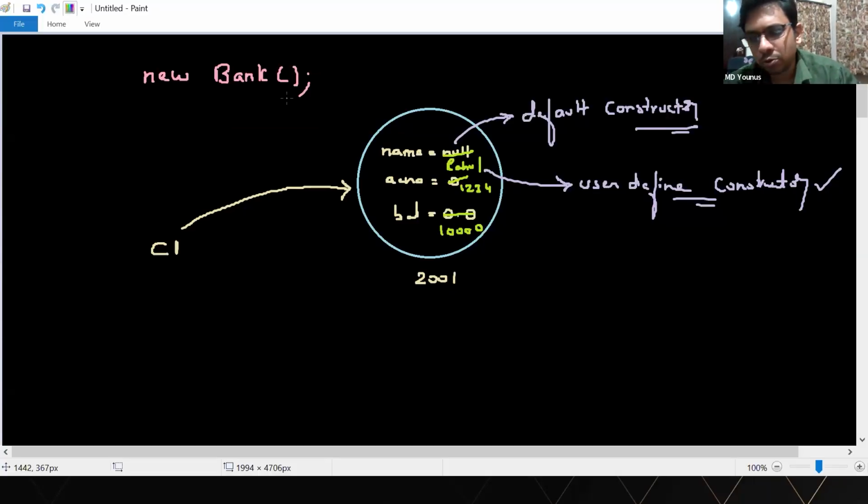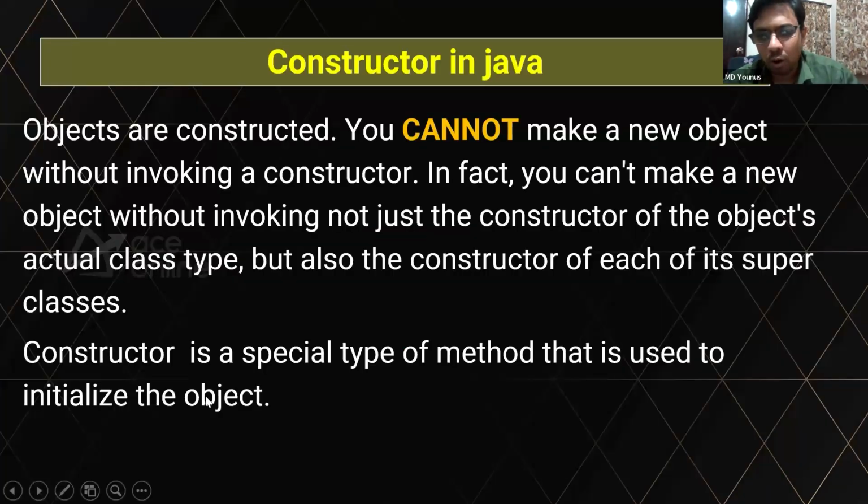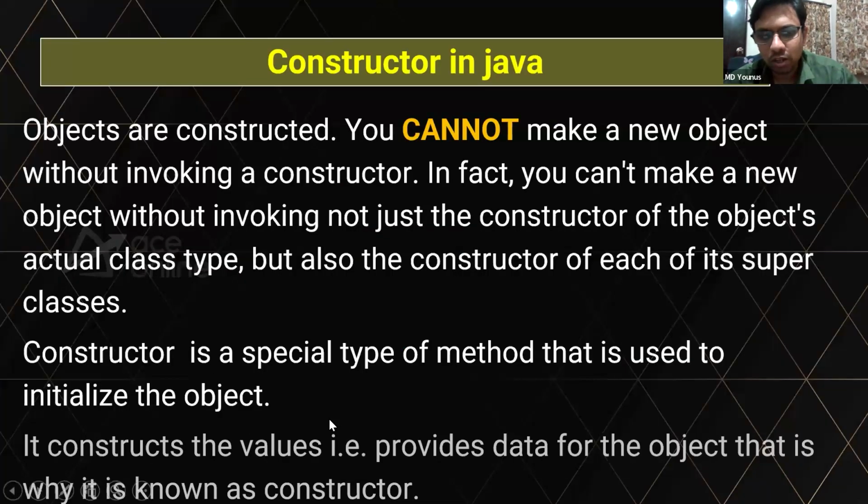Whether it is default or user defined, it is a special type of method. Its behavior is the same as a method. The only thing is, it is basically used for initializing the object. It constructs the values and provides the data for the object, because the data is private. That is why it is known as a constructor.